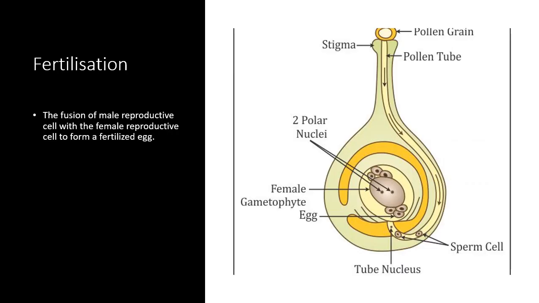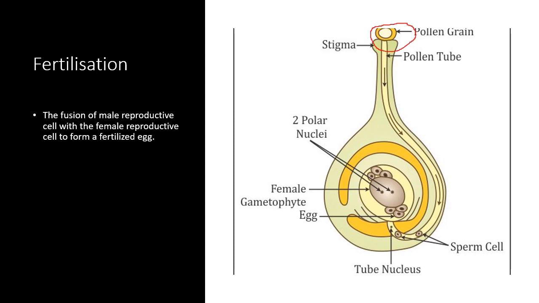Right after pollination, the next process is fertilization. It is the fusion of male reproductive cell with the female reproductive cell to form a fertilized egg. So during fertilization, it forms a fertilized egg. Look at the picture. Here a pollen already landed on the stigma.